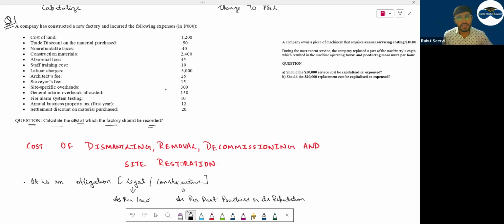That means you are constructing here, you are not purchasing. So now tell me what will be the cost of the asset here. We have not yet discussed any journal entry, we'll be coming to that, but I need what will be included in the cost here now. Please solve it.